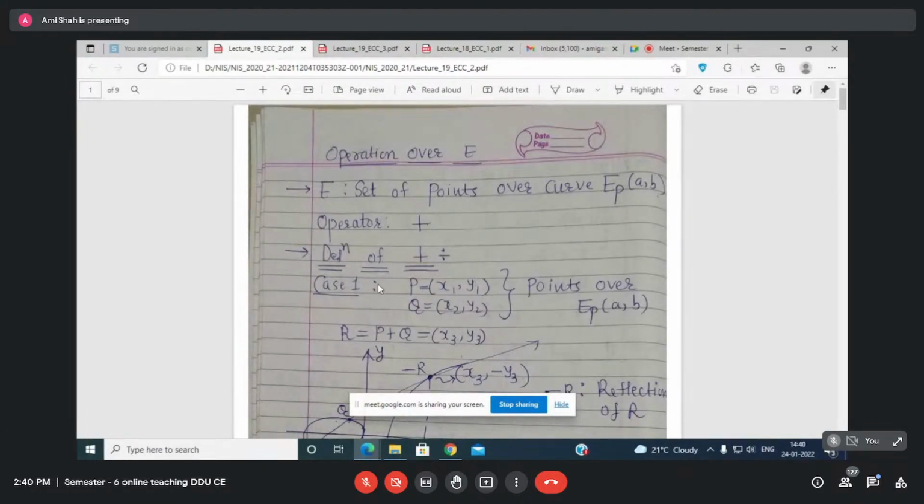Once you get the points on a curve, you can apply operations over that curve, because now you have all the points. Between those points you can perform addition, which means you can perform the operations. So today I will explain that.